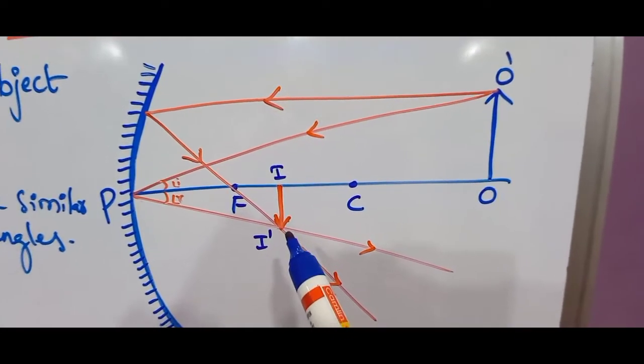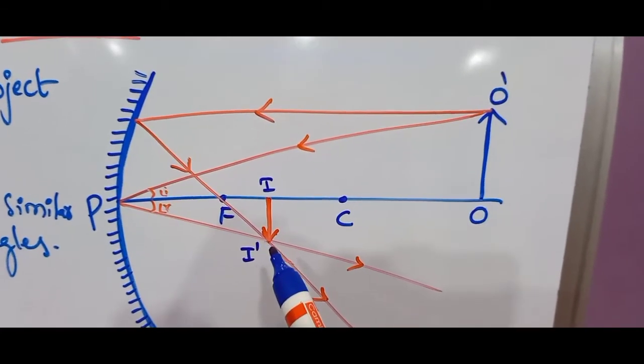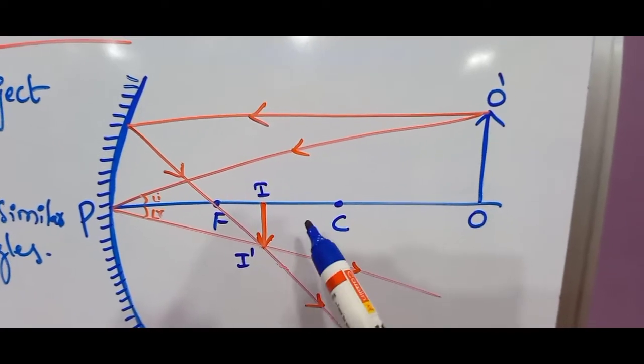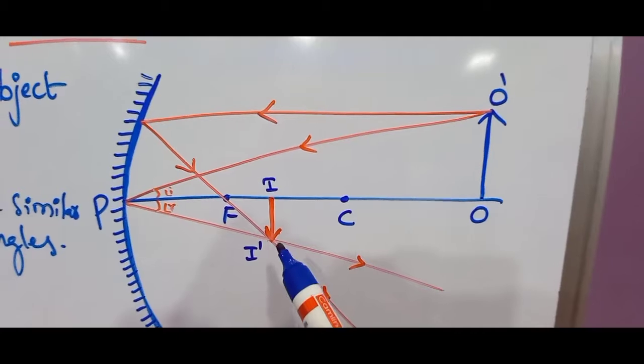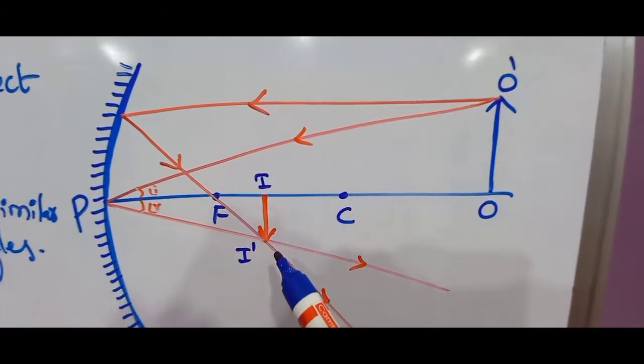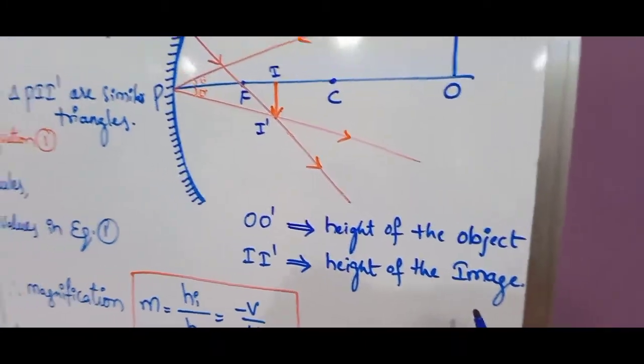At this point, we will get the image. This is that point where we get the image. This is the image, and it is below the principal axis. It is downside to the principal axis and it is inverted. So I dash represents the height of the image. See, O dash is the height of the object and I dash is the height of the image.